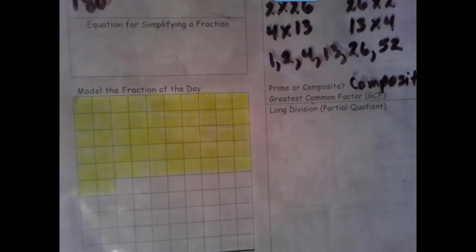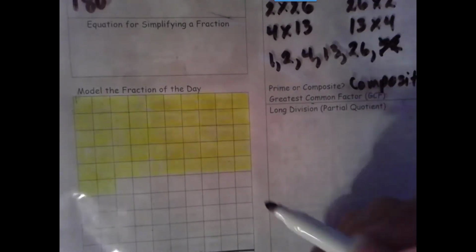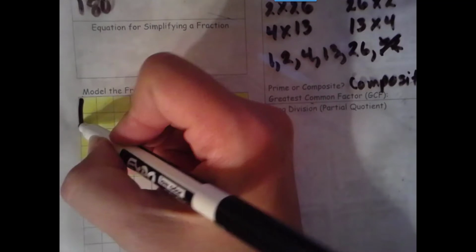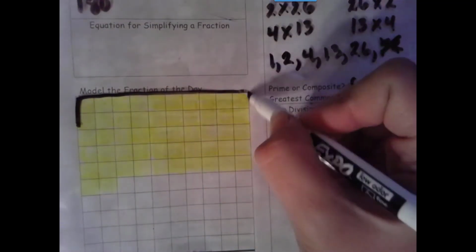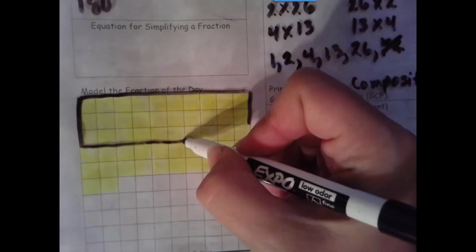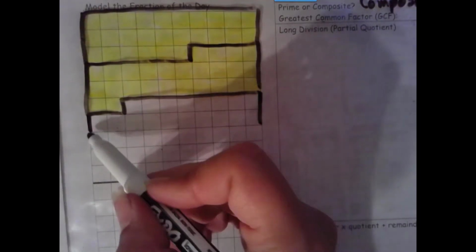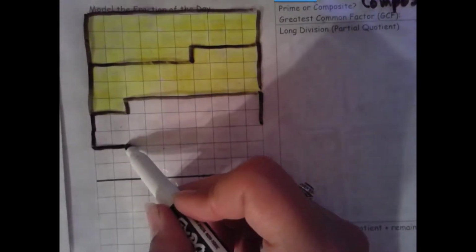So let's try 26. 20 plus 6. 24 plus 2. Okay, your groups do not have to look like mine, but you want to make sure that there are 26 in each. 8 plus 10 is 18. Plus 2 is 20.